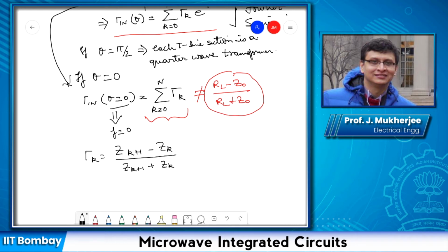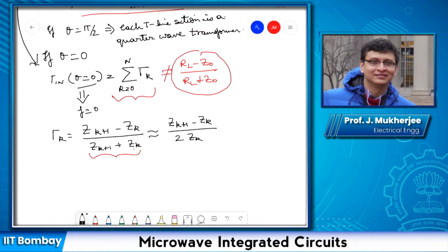So if the mismatch between z of k and z of k plus 1 is small, then we can approximate this expression as this. Here we are simply considering that the denominator is equal to twice of zk and the numerator remains the same.